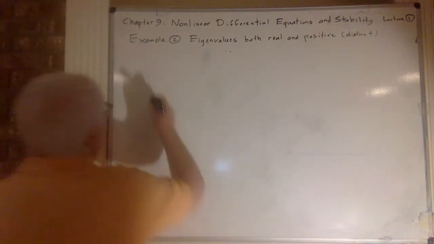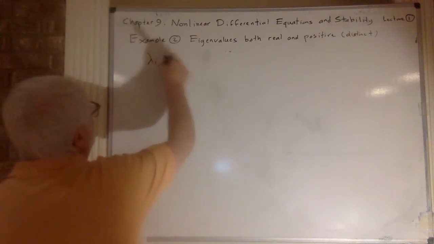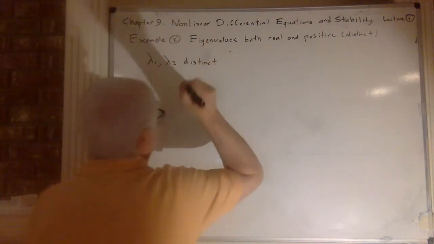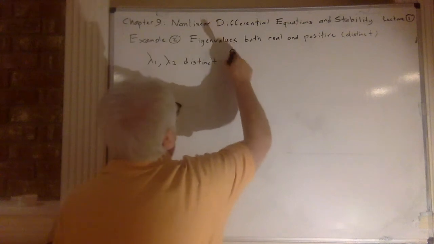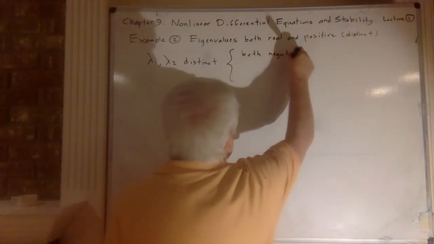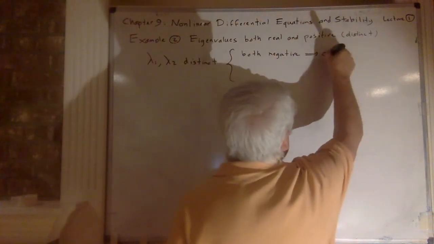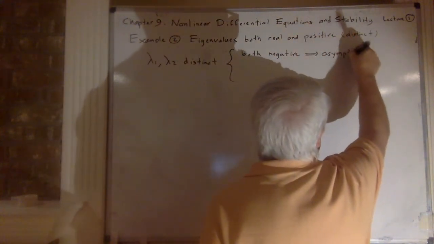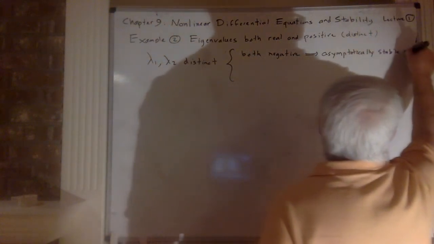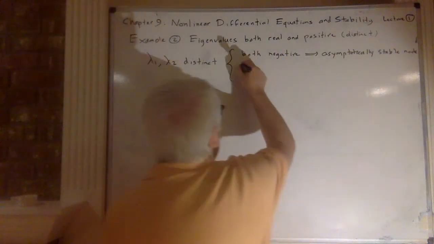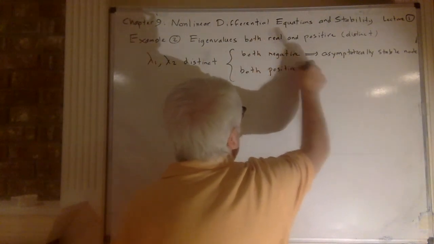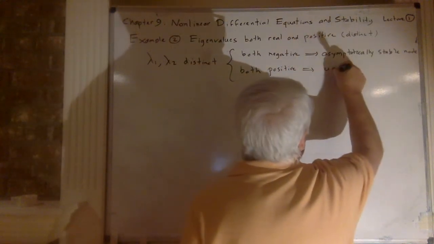Okay, now, the other situation, well, I have to summarize. So, lambda 1 and lambda 2 distinct, both negative, we have an asymptotically stable node, both positive, unstable.